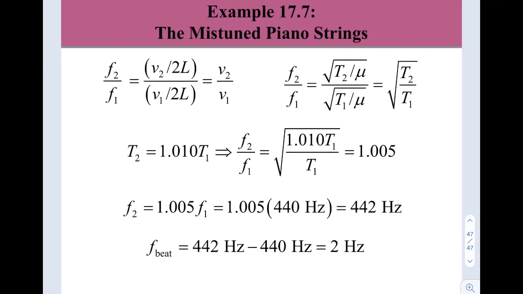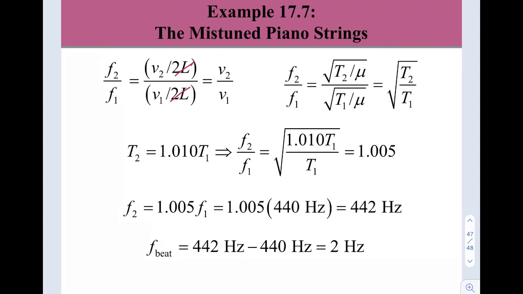Okay, the solution. We are going to take the ratio between f2 and f1. f2 is v2 over 2L and f1 is v1 over 2L. Since the length of the string is the same, we can cancel out the 2L. So we are left with v2 over v1.